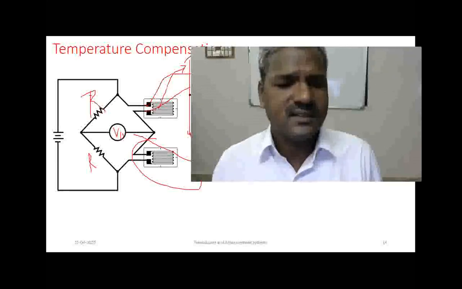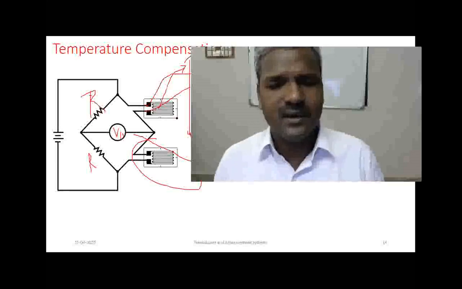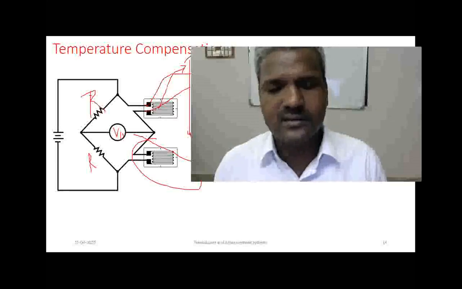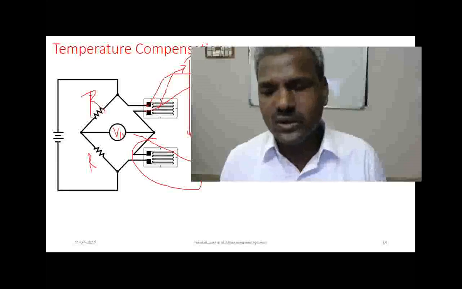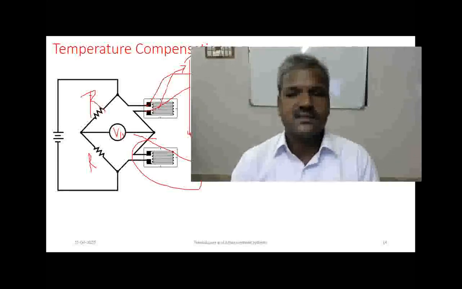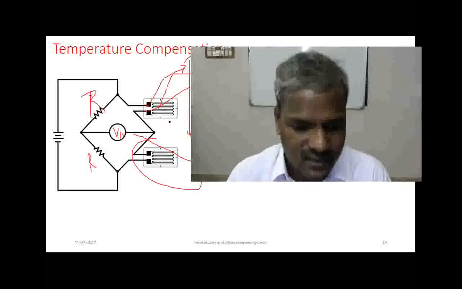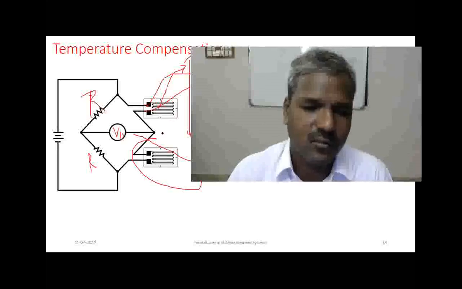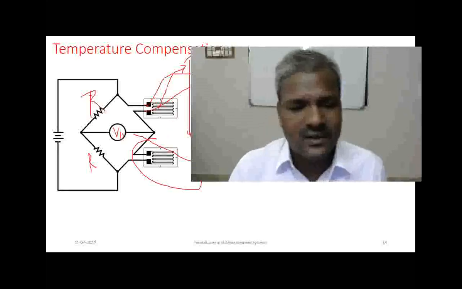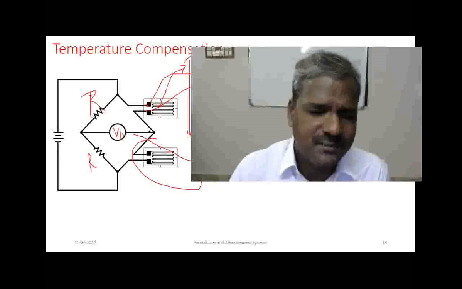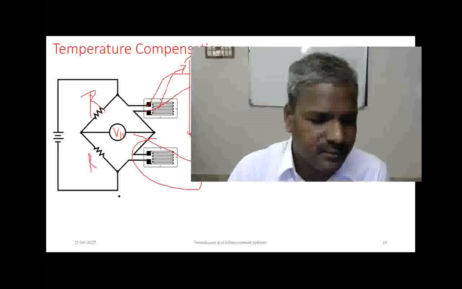This setup is normally calibrated at 25 degrees Celsius. But during summertime, the temperature increases to more than 25 degrees Celsius. When the temperature rises, strain is also developed in the medium. I will show you.